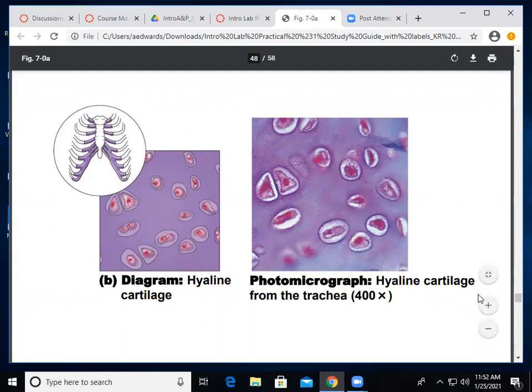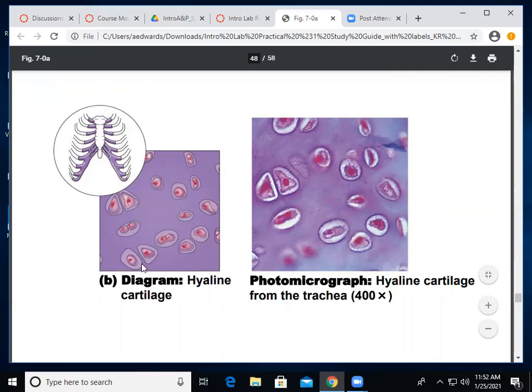Cartilage is also connective tissue. Okay. And there's different kinds of cartilage. So first type of cartilage we're going to study is hyaline cartilage. Okay. So when you see these little circles or kind of look like little bubbles with little dots in them, that's cartilage. Then the question is, which type of cartilage is it? Okay.